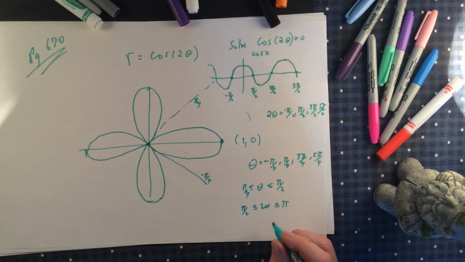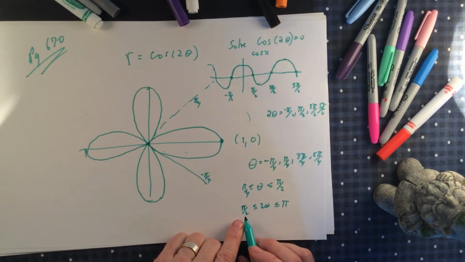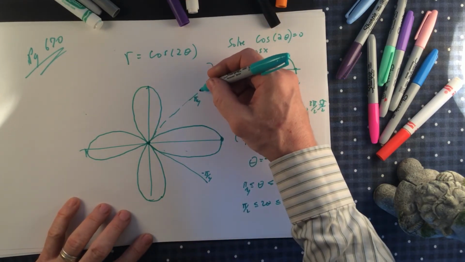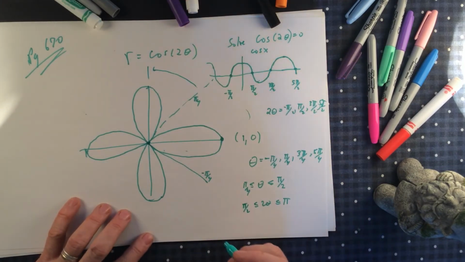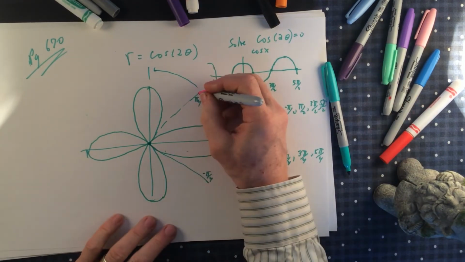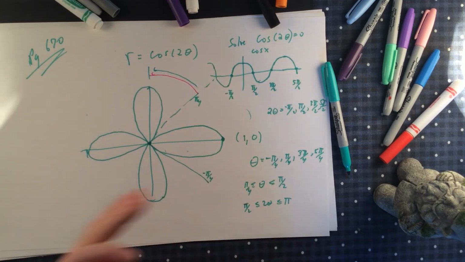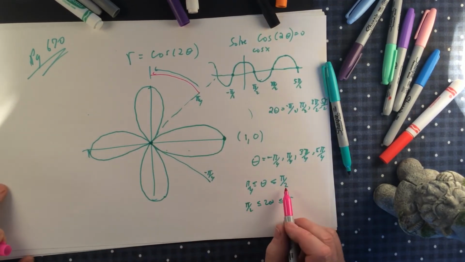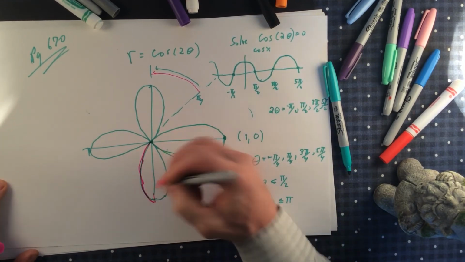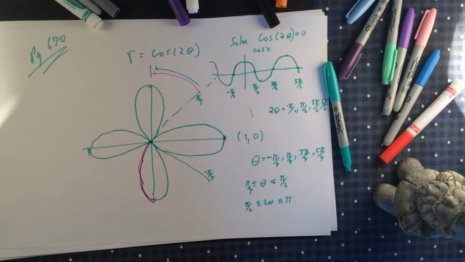And now when you take the cosine of this, you're taking the cosine of angles between pi halves and pi, which are negative. So as you're going from here, from pi fourths to pi, you're plotting negative angles. So this arc swept out by theta from pi fourths to pi halves creates this arc on the 4-leafed rose.